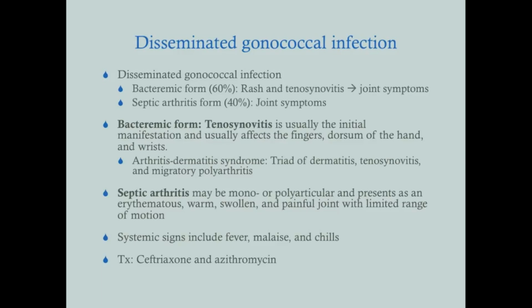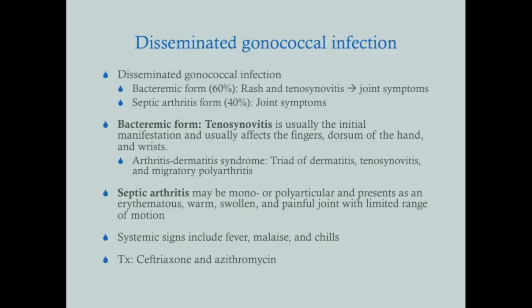Now, the other 40% of patients will present with actual septic arthritis, which tends to affect either one joint or a few joints, and they also tend to be bigger joints. Regardless of what form you have, and one can lead into the other, the presentation is going to be asymmetrical. So you're not going to have both hands affected or both knees affected. It's going to be asymmetrical.